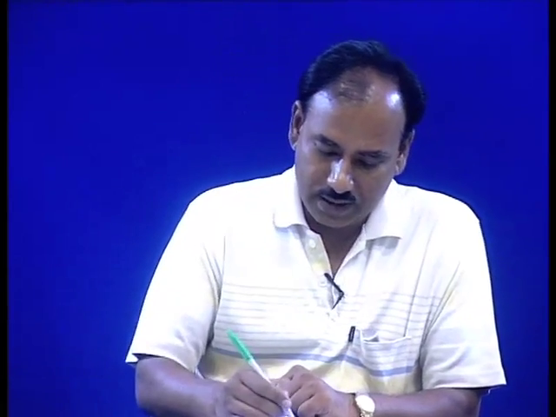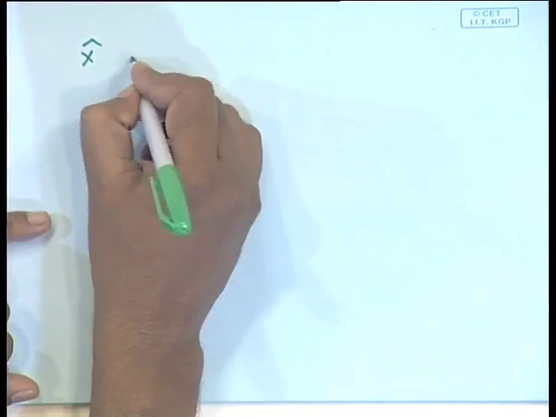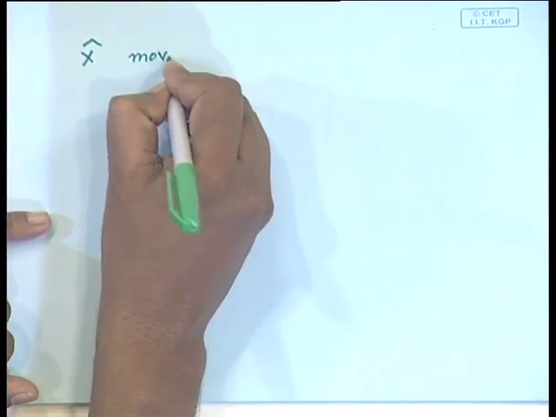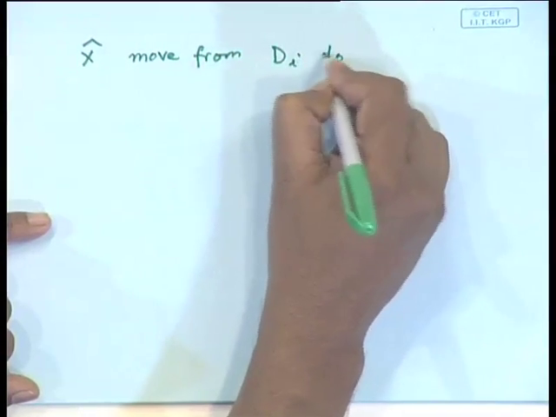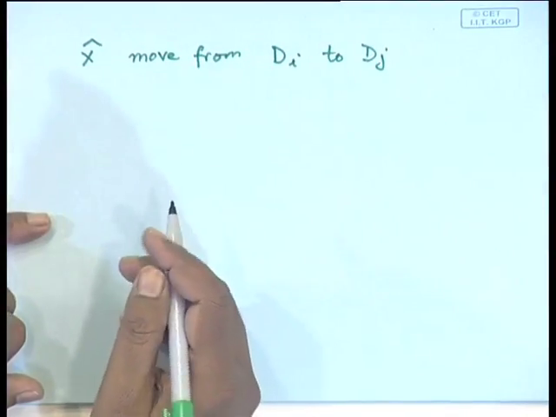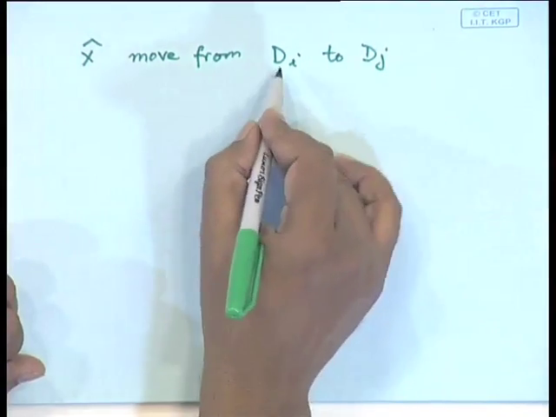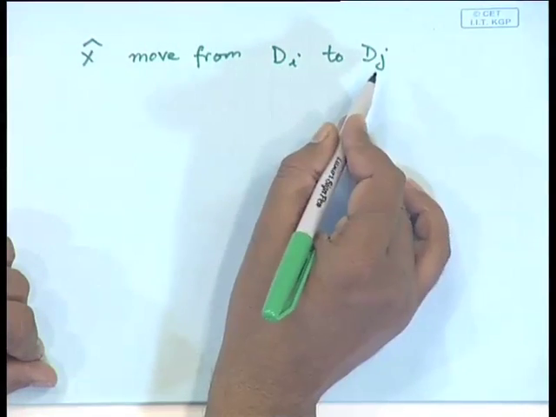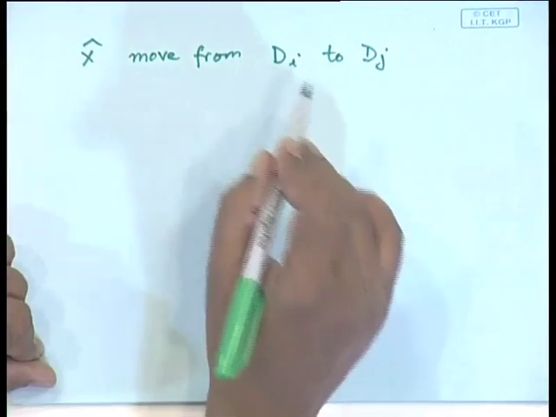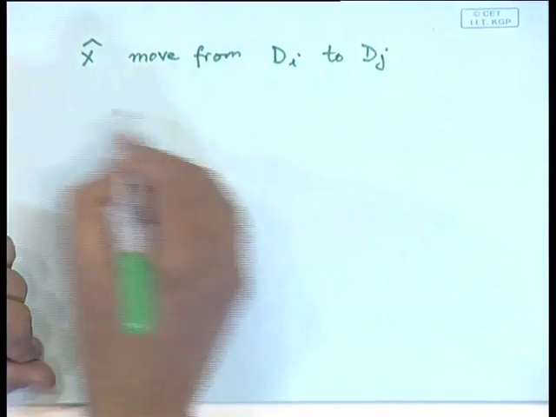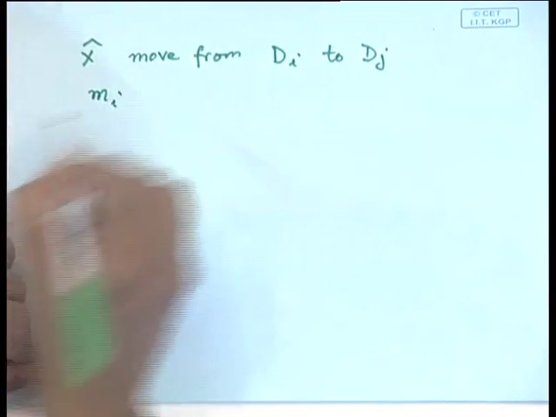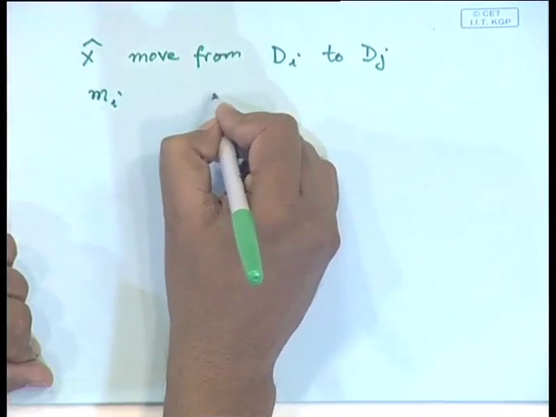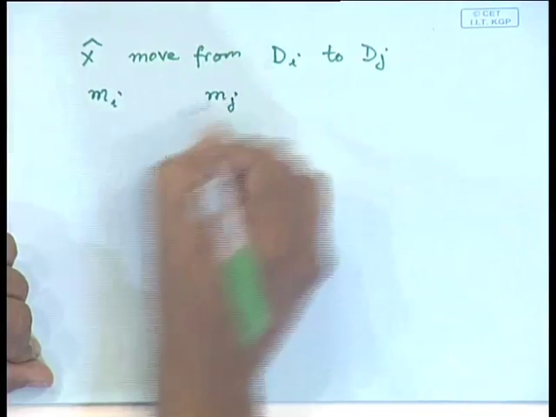Okay. So, I take a feature vector x hat and try to move it from, say, set D_i to set D_j. You take this feature vector x hat from the ith cluster and try to push it into the jth cluster. Okay. So, when I try to do this, the ith cluster initially had mean m_i. Similarly, the jth cluster had mean m_j. Okay.